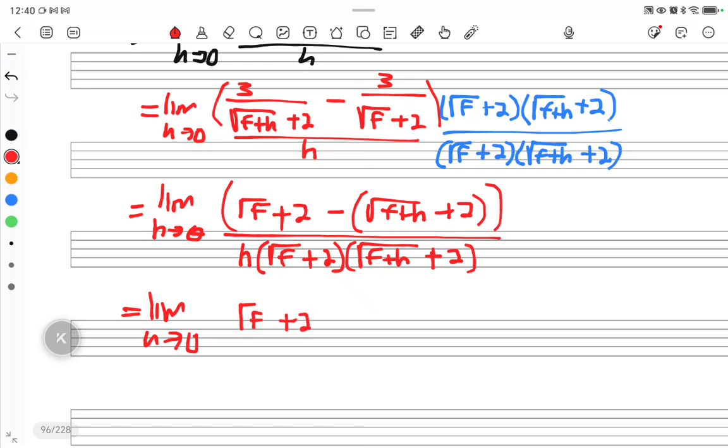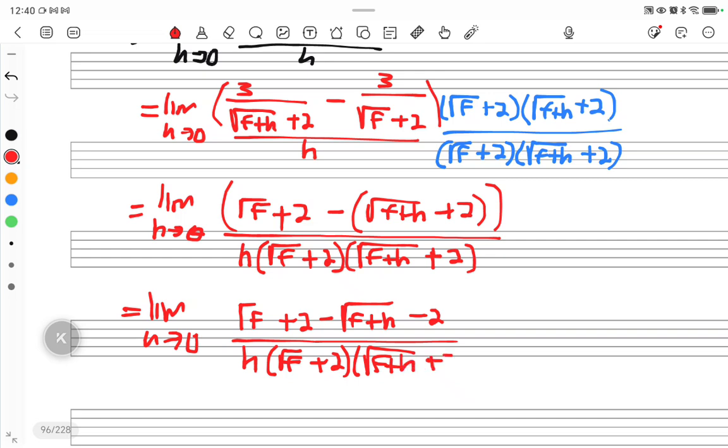Plus 2, f plus h minus 2 all over h root of f plus 2 root of f plus h plus 2. So we see that 2 would be the one to cancel out.